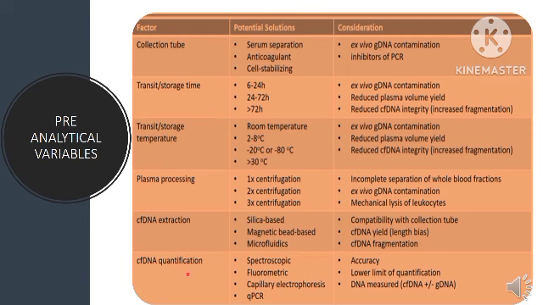You have to select cell-free DNA quantification methods. Is it spectroscopic, fluorometric, capillary electrophoresis, qPCR? Again, you have to consider things like accuracy, lower limit of quantification, what we are measuring exactly. Is it cell-free DNA or genomic DNA or both? So all these are the pre-analytical variables.